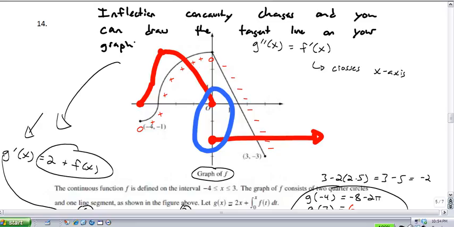I think you're all going to agree concavity changes. Now when I say on your graph, that would be on the graph of the original function, not the second derivative, not the first derivative, but the original function.